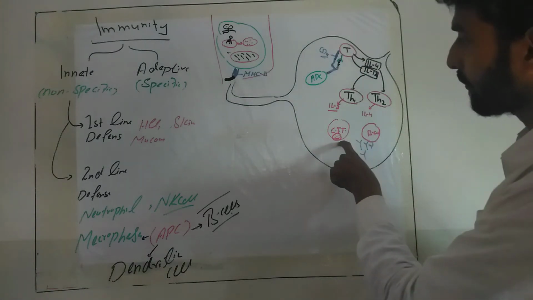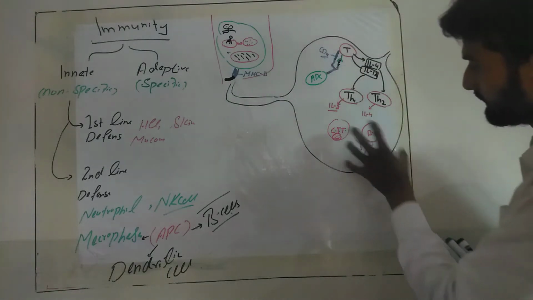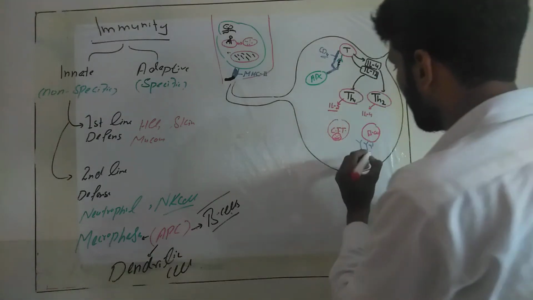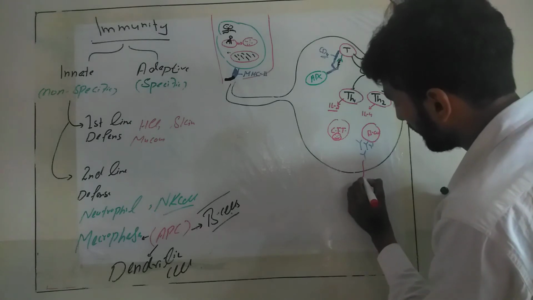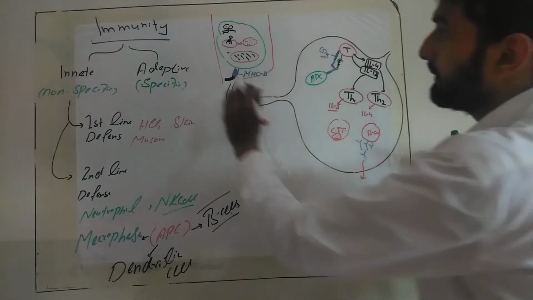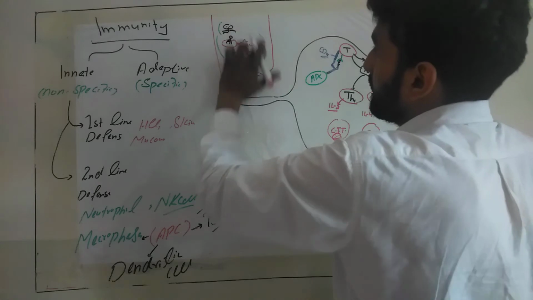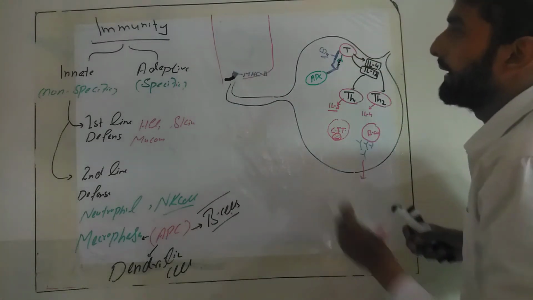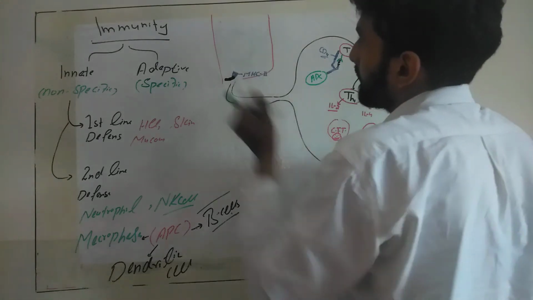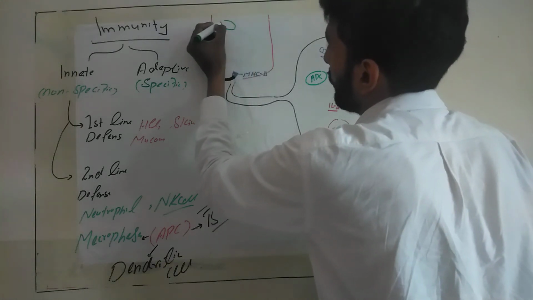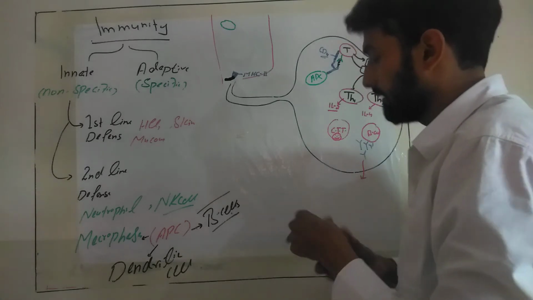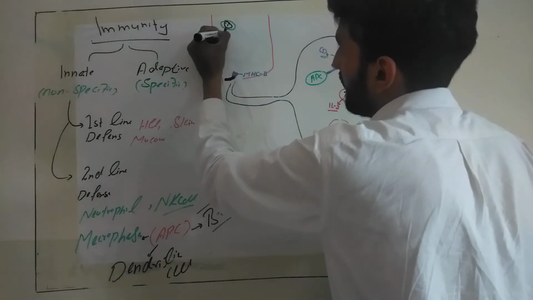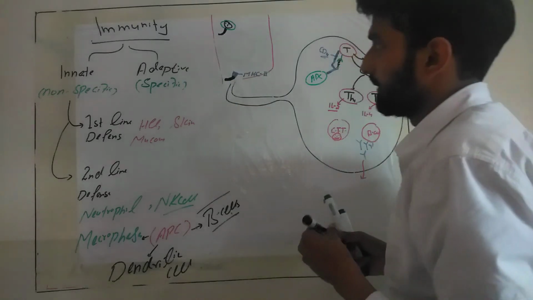Similarly, this cytotoxic T cell, for example, let me tell you very briefly how these antibodies work. For example, this was a tissue, and this was the macrophage which has engulfed bacteria and presented the antigen on MHC1, MHC2.